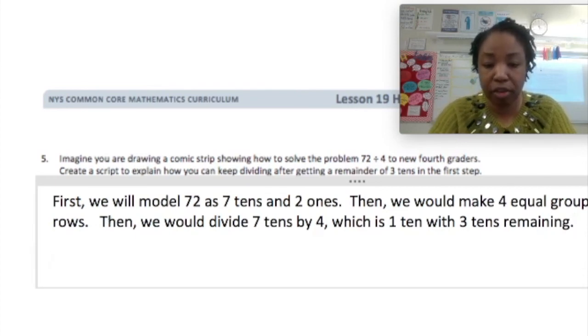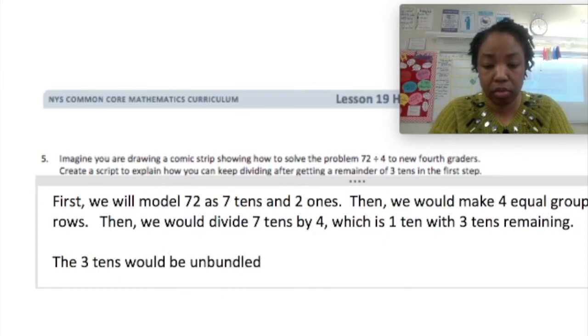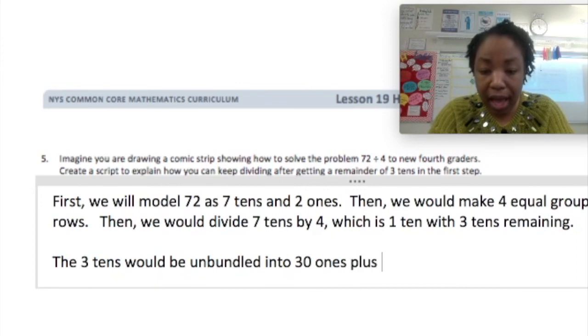What happens after that? The 3 tens would be unbundled into 30 ones. Plus the 2 ones that were already there.